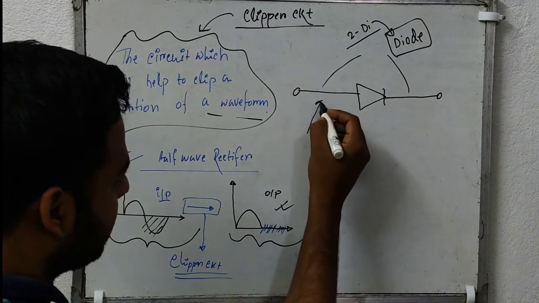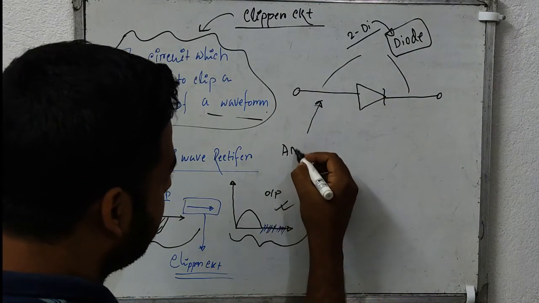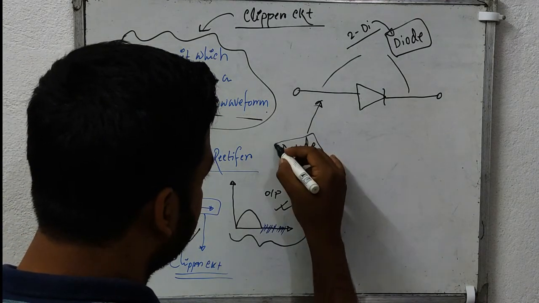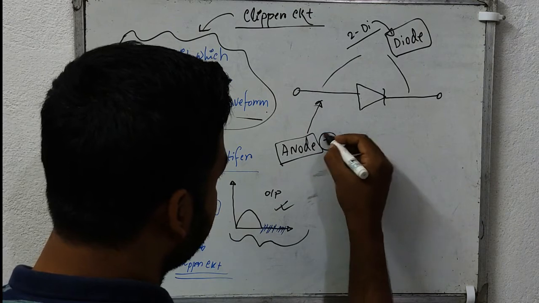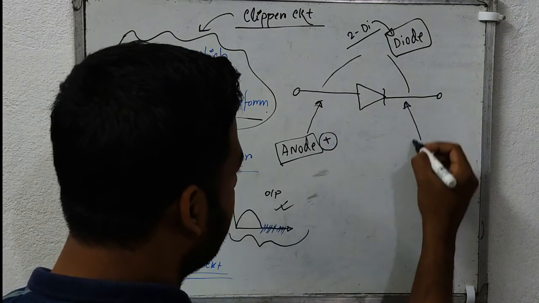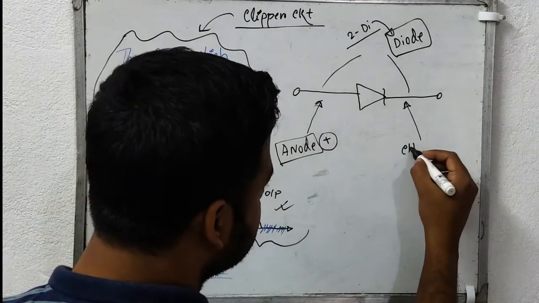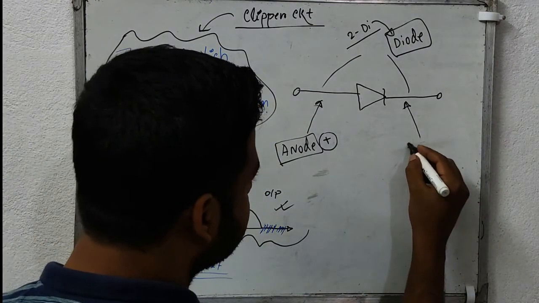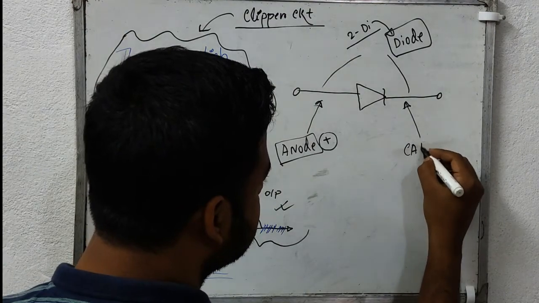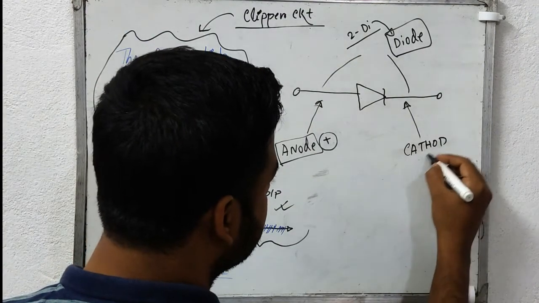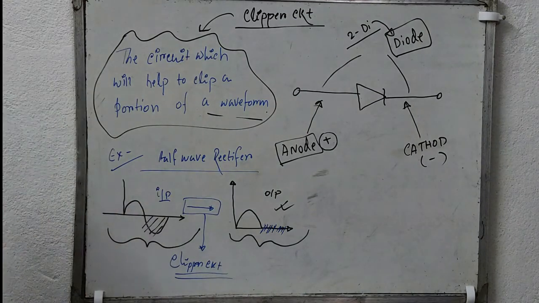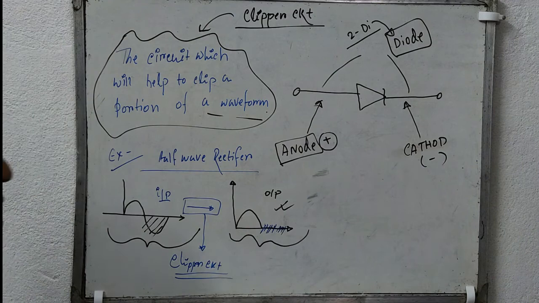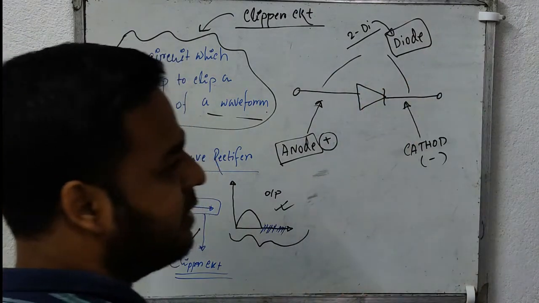This terminal is called the anode, or you may call it the positive terminal of the diode, and this terminal is called the cathode, or you may call it the negative terminal of the diode. So this is positive, this is negative, a two terminal device, that's why we call it a diode.